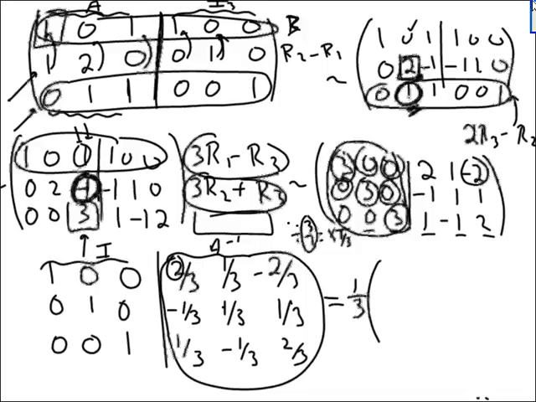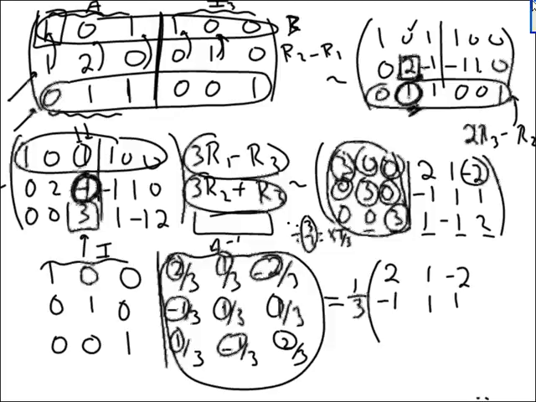So our first row will be 2, 1, -2. The second row would be -1, 1, 1. Last row, 1, -1, good old 2.